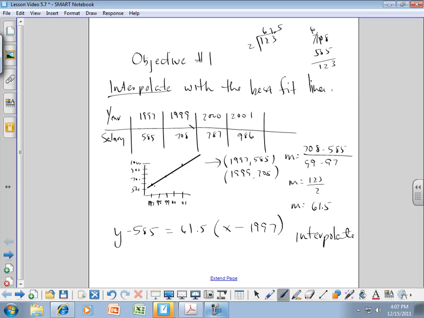We're going to interpolate. We're going to try to figure out a number somewhere in between the data that we already have. Now, there's only 1 year missing from the data we have in here, and so let's try to find out what was the average salary in 1998. Well, if we're going to do that, guess what we're going to put in for x? 1998, that's right.